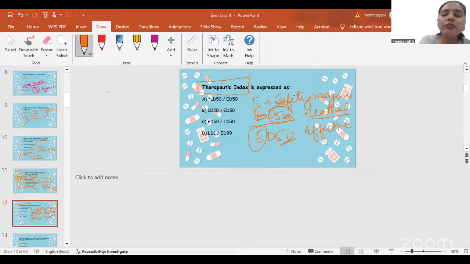And what does 50 mean? 50 means that dose which is required to kill 50% of the population, then it is a lethal dose. Suppose drug A is taken at a concentration of 10 milligram and given to 100 people. If 50% died when this 10 milligram drug was taken by the 100 people, it means this 10 milligram concentration is the lethal dose for 50% of the population. Then it is called LD50.